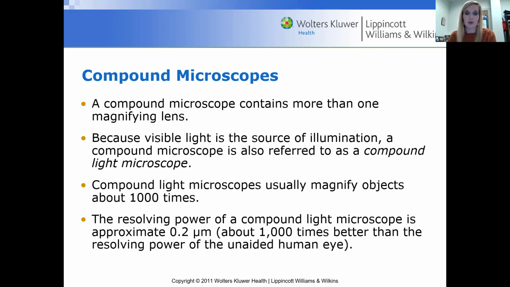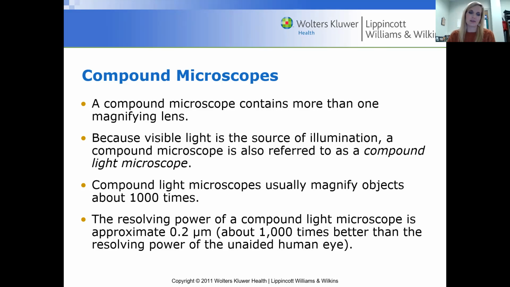So that's a little bit different than Anton van Leeuwenhoek's simple microscope. A compound microscope is sometimes referred to as a compound light microscope. Don't be thrown off by that. It's still the same instrument. It's sometimes called that because light shines up from underneath so that we can see the image on the slide a little better.